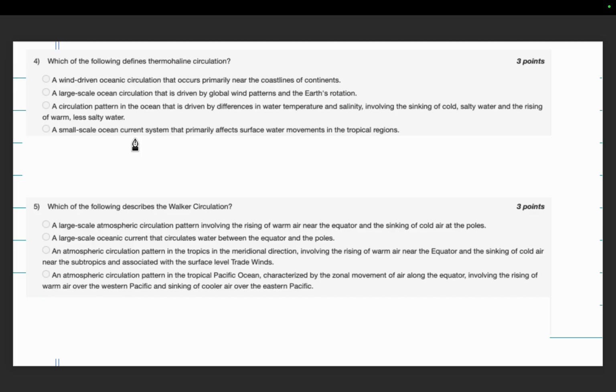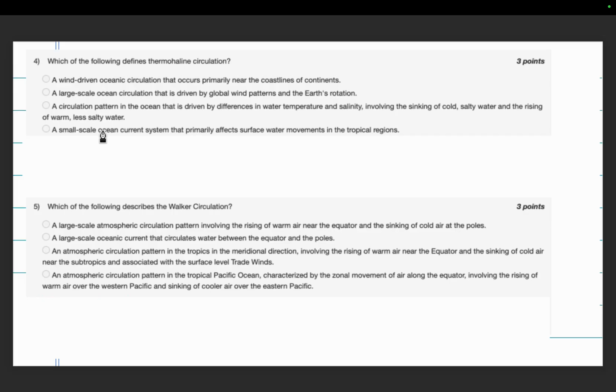Which of the following defines the thermohaline circulation? A wind-driven oceanic circulation that occurs primarily near the coastlines of the continent. A large-scale ocean circulation that is driven by the global wind pattern and also determined by the Earth's rotation.